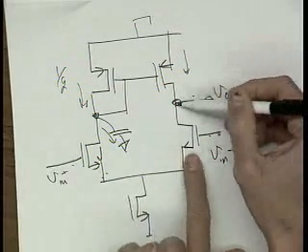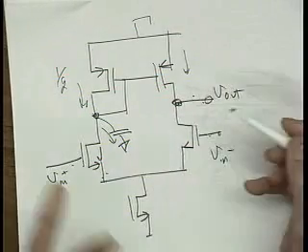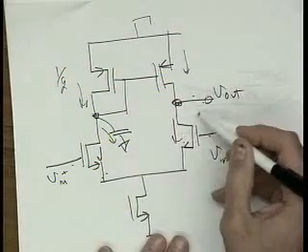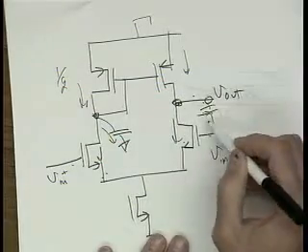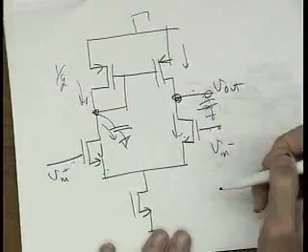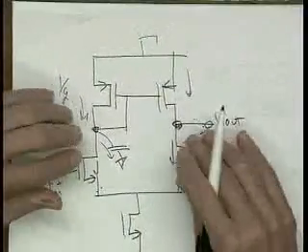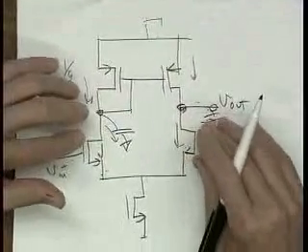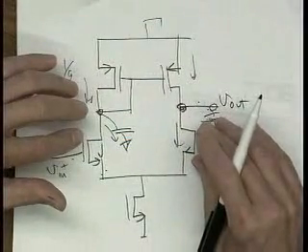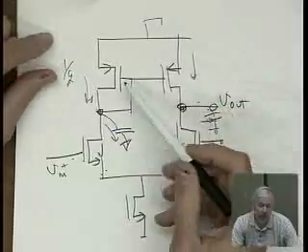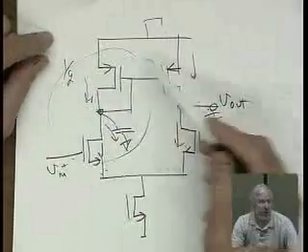Now, that's very different than what's happening on this other side, right? There's no such issue at all here. This current is generated here and it comes right to our output. Let's say I have a C load here, so it's going to come right out of our output node. So these two sides act very differently with respect to high frequency response. In effect, there's a zero created on this side here.